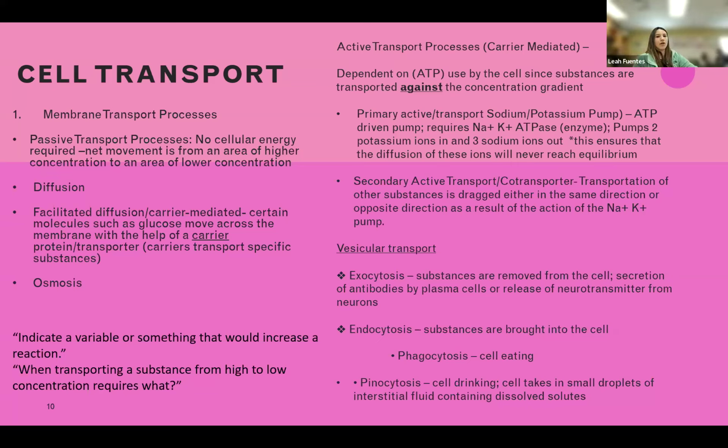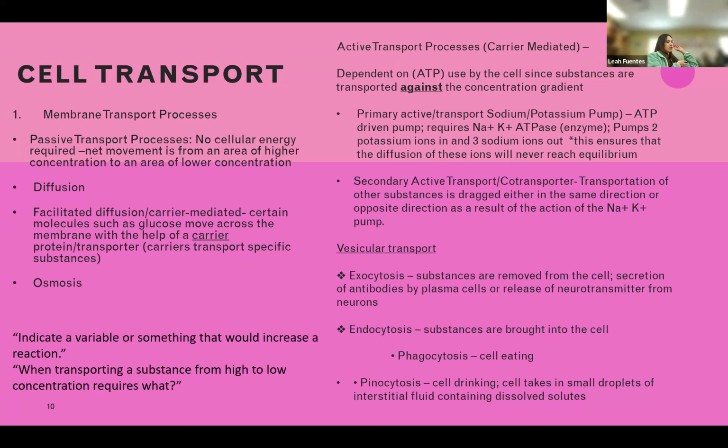And then we move on to active transport processes. These are dependent on ATP or energy use by the cell, since these substances are transported against the concentration gradient. So the big thing to know here: active transport needs ATP. We have a couple types.